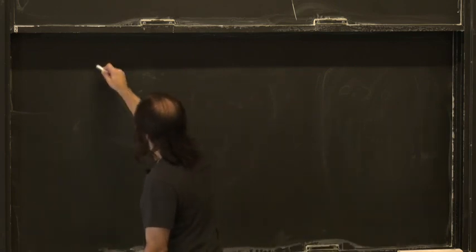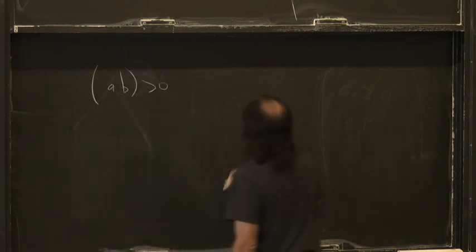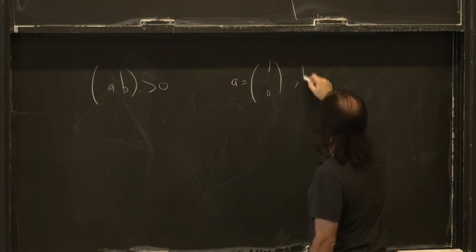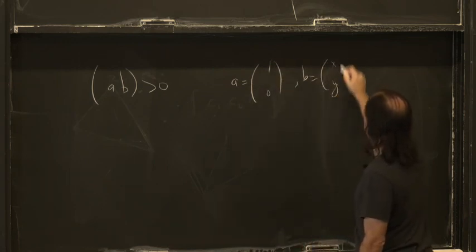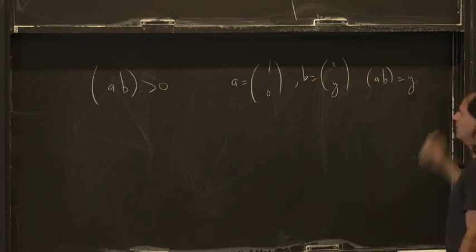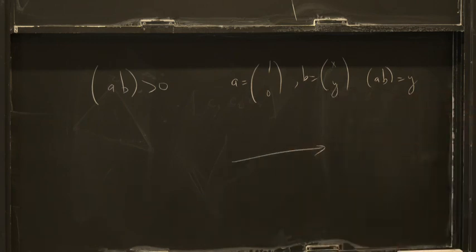So let's just geometrically remind ourselves, what does it mean for the minor AB to be positive? Let's say I put A to be (1, 0), and B to be (x, y). Then the minor AB is just y. So that means that if A is pointing in this direction, where can B be?